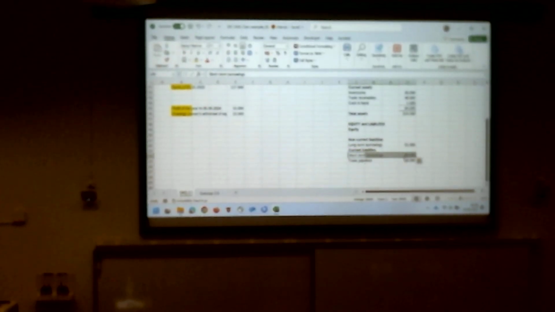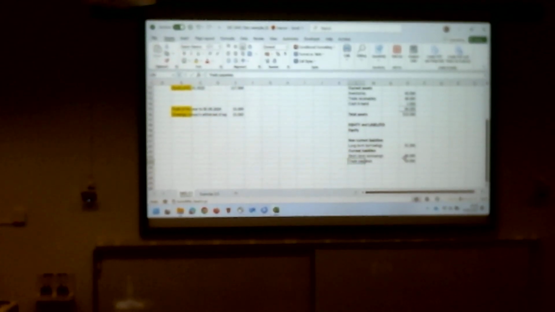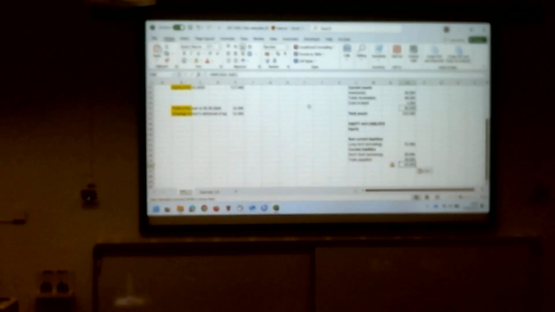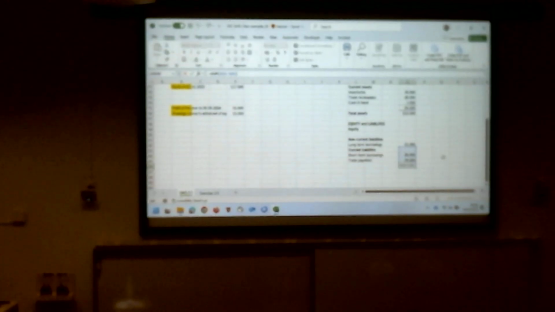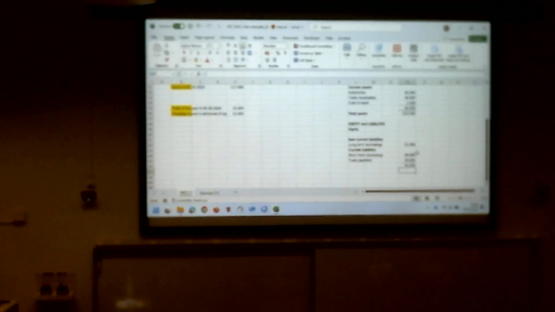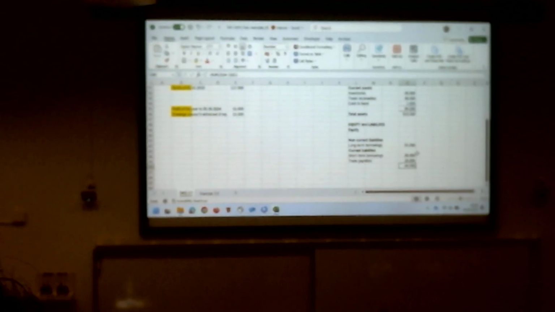This is more of a personal taste that I would put the short-term borrowings above the trades payable. But again, we have something where we should have a sum, because we have these two elements. So what we have is the non-current liabilities and the current liabilities.